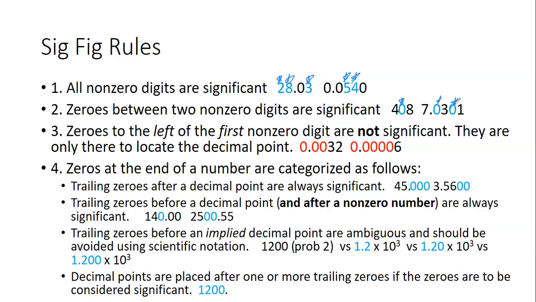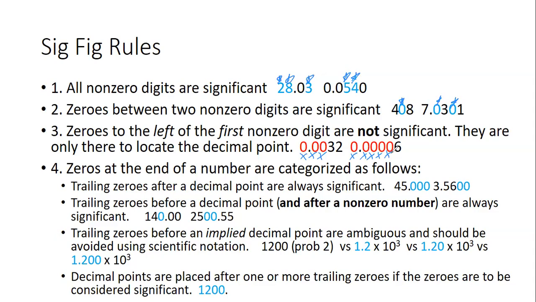However, zeros to the left of a non-zero number are not significant. So take 0.0032. When a researcher is reporting a number like that, what they're saying is that those first 3 zeros, they aren't sure if they're actually zeros or not.